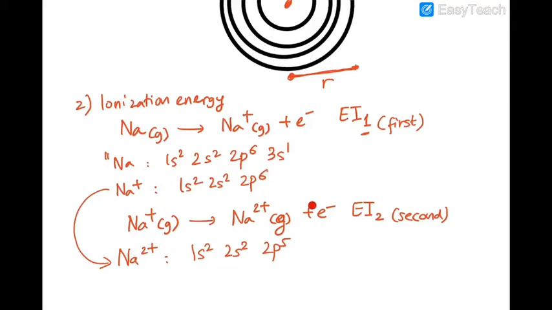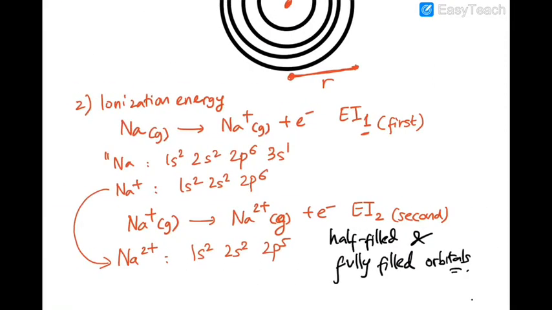It is very hard to remove 1 electron, because as we discussed before, half filled and fully filled orbitals are very stable and they like to stay stable.